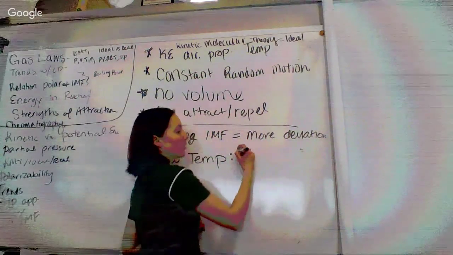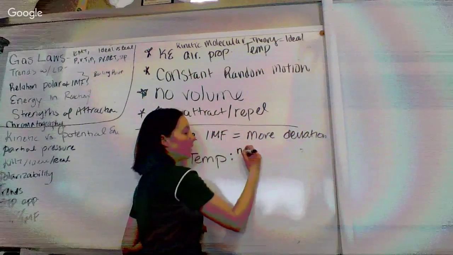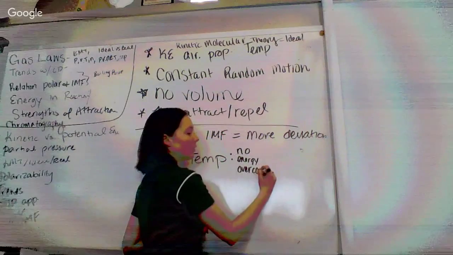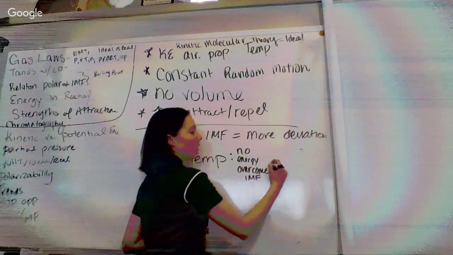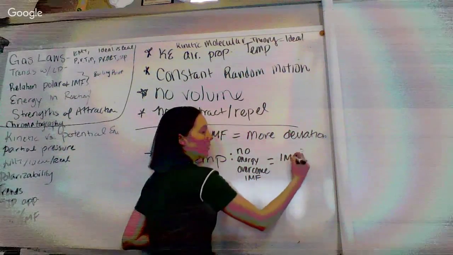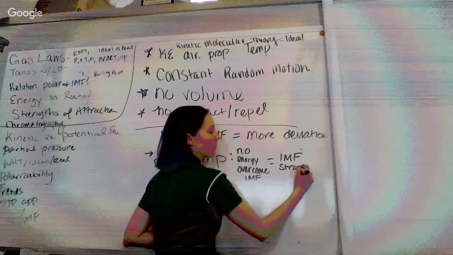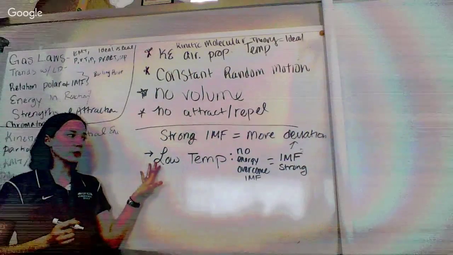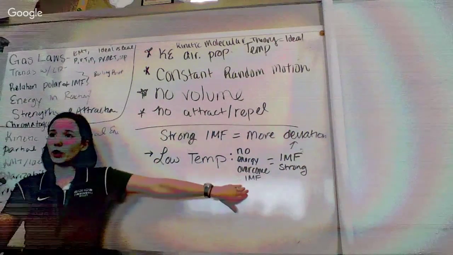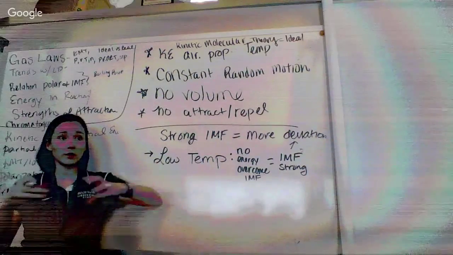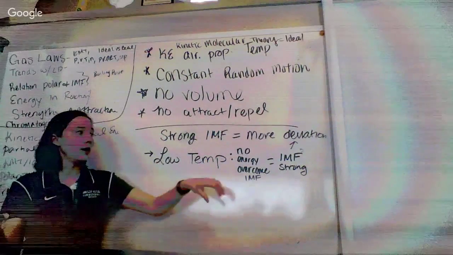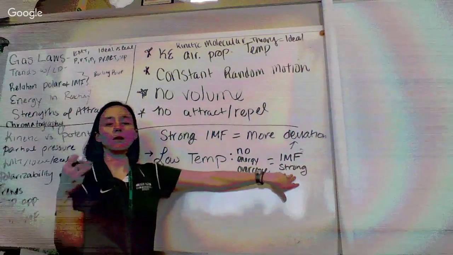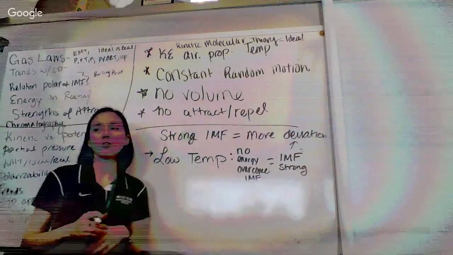So at low temperatures, there's not enough energy, I'm going to say no energy, but we know there's some, to overcome your IMFs, which makes the IMFs stronger, which leads to more deviation. That means you can't break the IMFs between your molecules. And remember, the more intermolecular forces you have, the more deviations you're going to get.